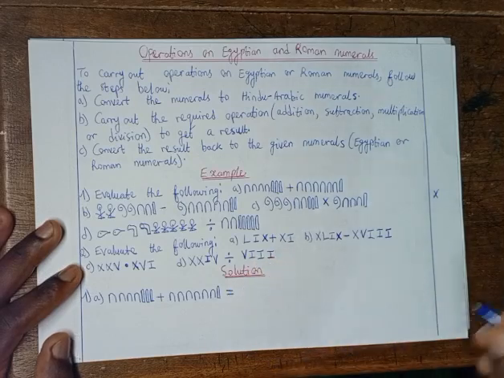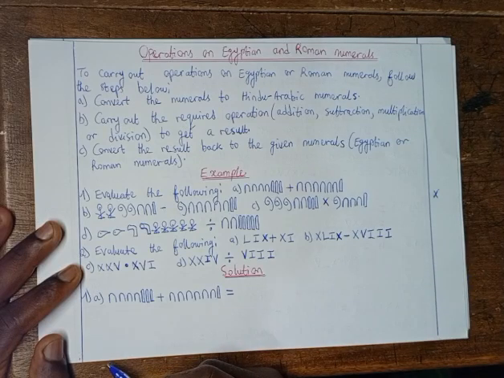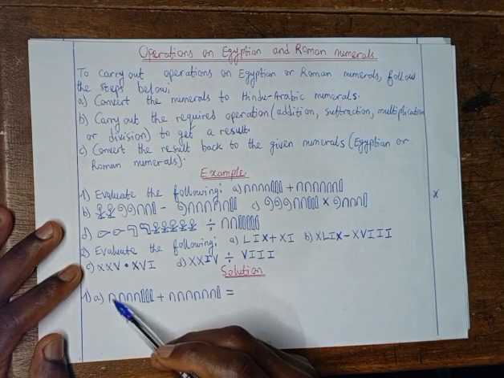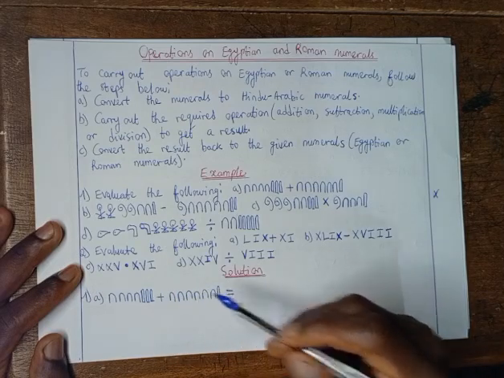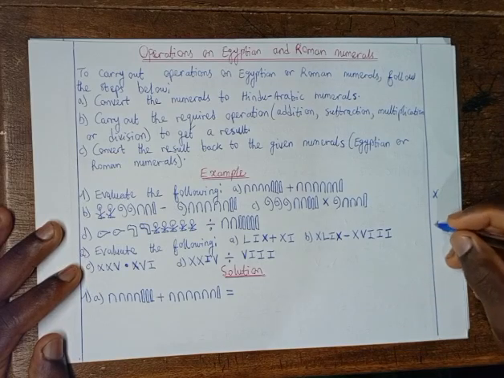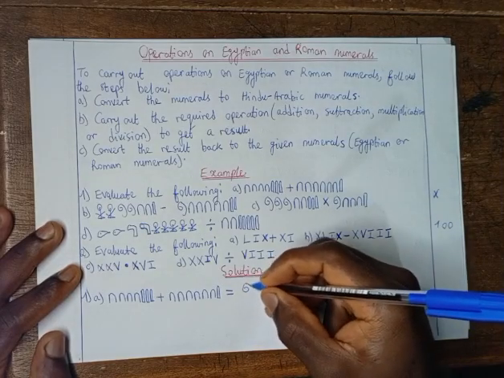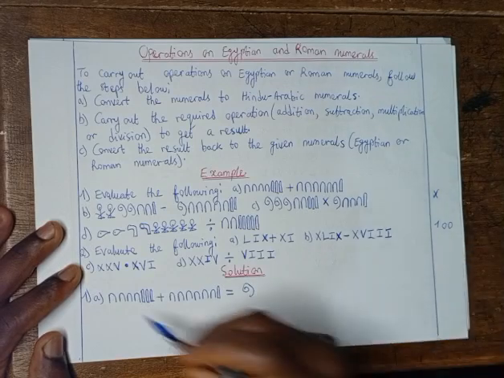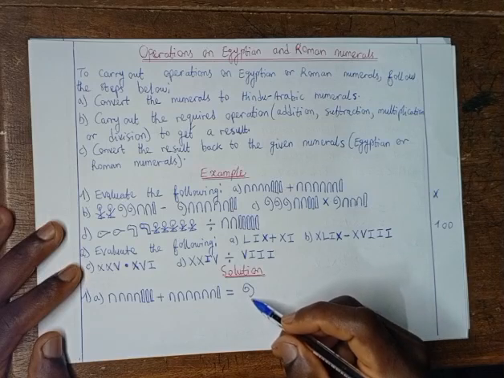For us to get the result here, it is very easy to add Egyptian numerals. We are simply going to count the number of elbows we have in the two numbers. We have 1, 2, 3, 4, 5, 6, 7, 8, 9, 10. We know an elbow represents the number 10. So if you have 10 elbows, that means we have the number 100. And we know the Egyptians represented 100 by using a spiral. So it will be very funny for us to write down 10 elbows. Once we have 10 of them, that means we have a spiral.